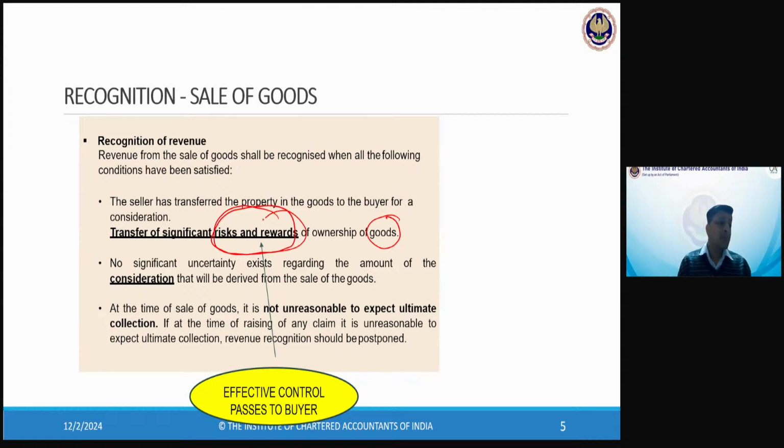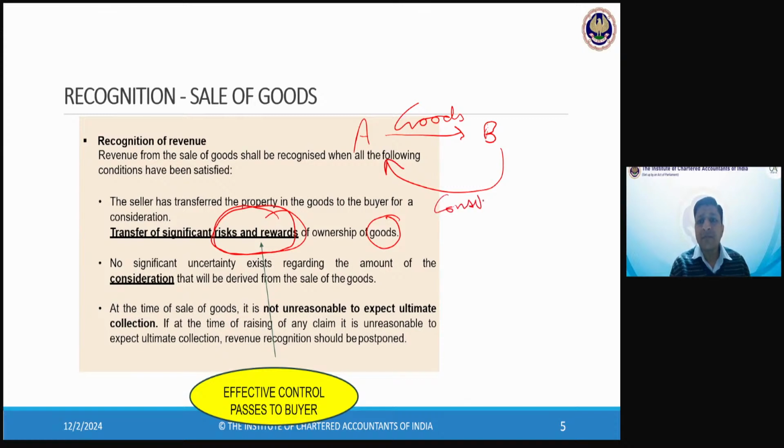Number one. Number two, in relation to the sale of the goods, what is going to happen? Let's suppose A will sell goods to B, so in return, B will make the payment. Yes or no? B will make the payment.